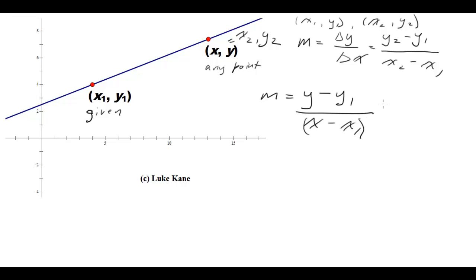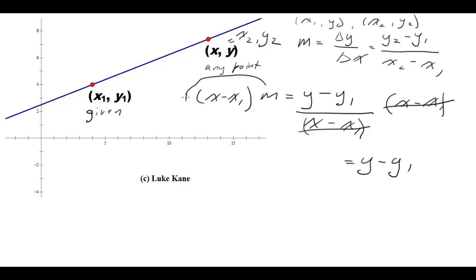Now, I want to get rid of this denominator, so I'm going to multiply by x minus x sub 1. Of course, if I do it to one side, I have to do it to the other side. This is itself divided by itself. That's just 1. 1 times anything is anything. So on the left-hand side, I get y minus y sub 1. And I'm going to flip this because the convention is to put the m in front.